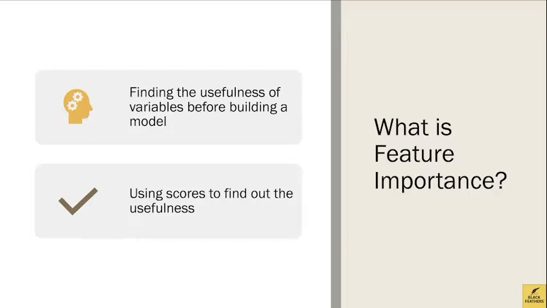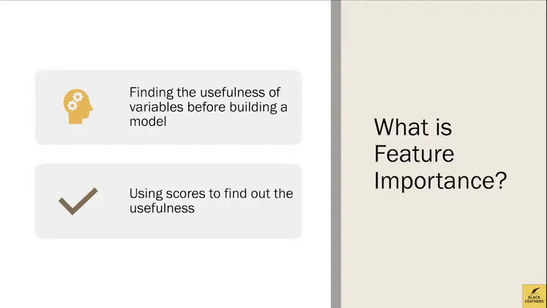So what is feature importance? That is the first thing that we must know. When we are building a model, we have a lot of independent variables present in our data set. And there is something called the curse of dimensionality, which means the more variables that are present in our data set, the more complex the models will become.